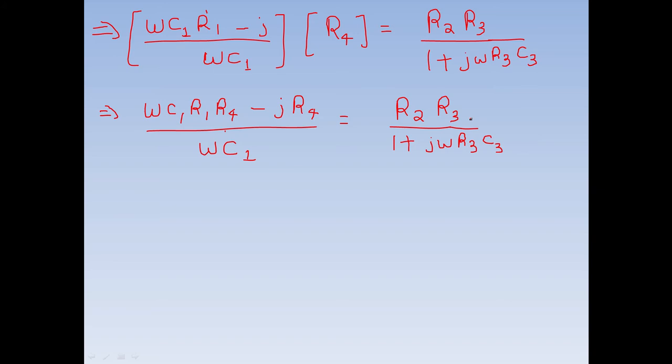Okay. Now what you have to do is cross multiply all these terms. This one goes here and this one goes here. So on cross multiplying, what do we get?